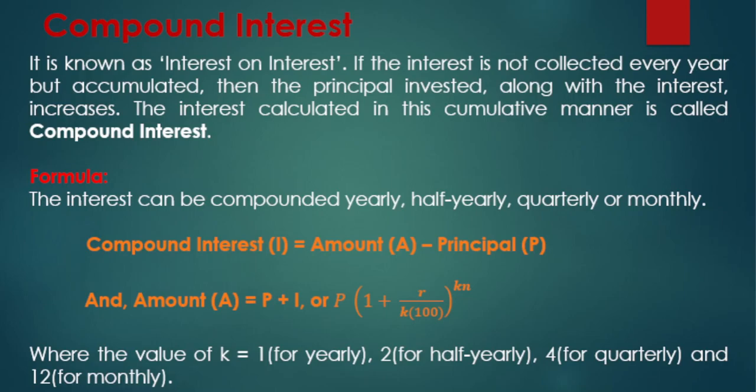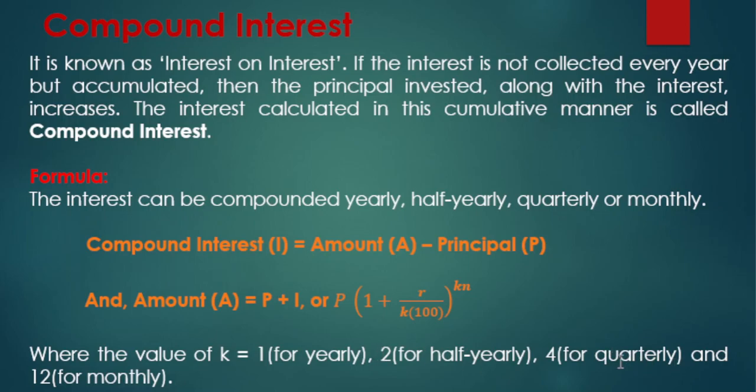Here in the formula, K represents the compounding frequency. It may be yearly. If it is yearly, we put K equal to 1. If it is half yearly, then we use 2.